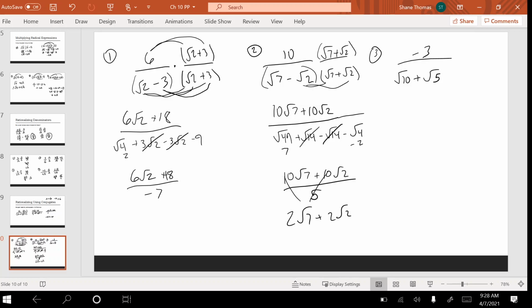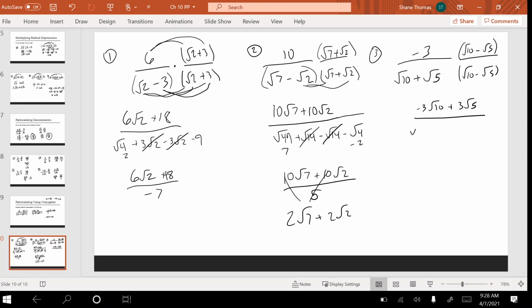Okay, last one. Multiply by the conjugate. The conjugate is going to be root 10 minus root 5. On top, I have negative 3 root 10 plus 3 root 5 over.